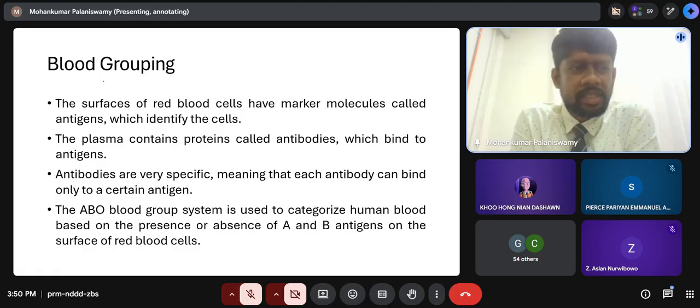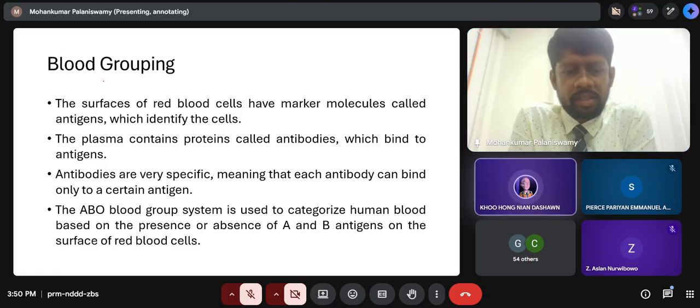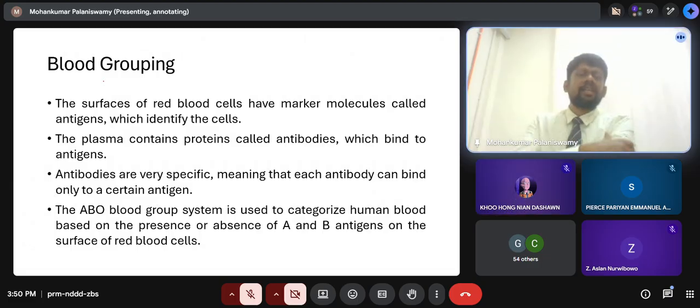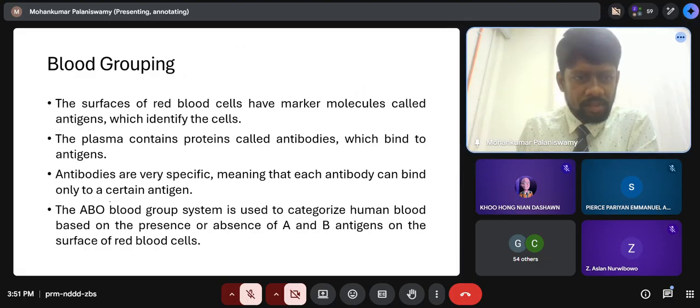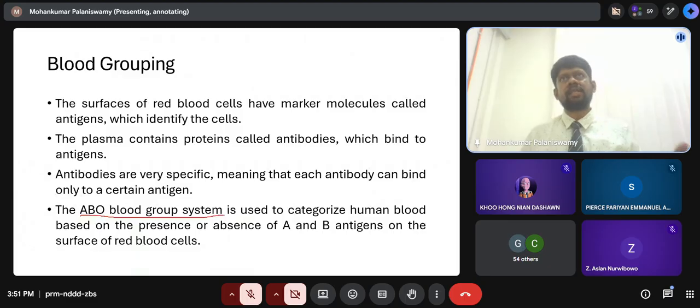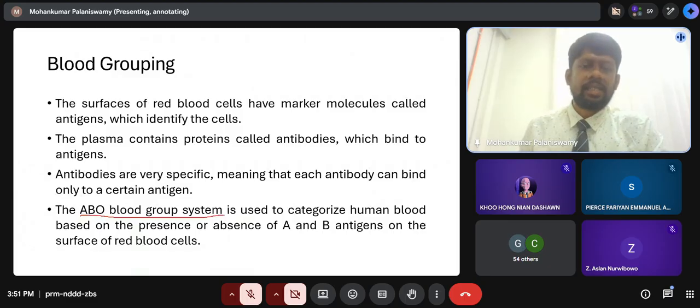A, B, AB, O positive, O negative, A positive, A negative, all those. Yes, exactly. So those come under the ABO blood group system. This is the system which classifies the blood into A, B, AB, and O, right?